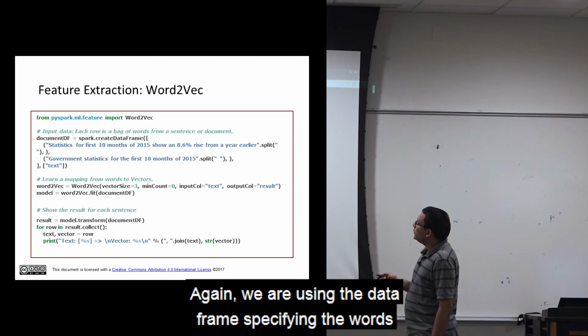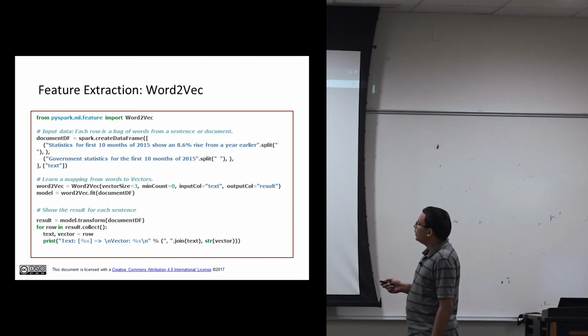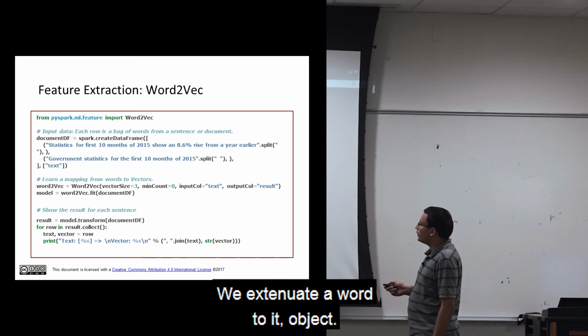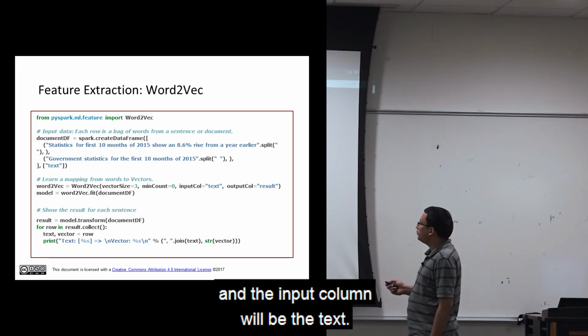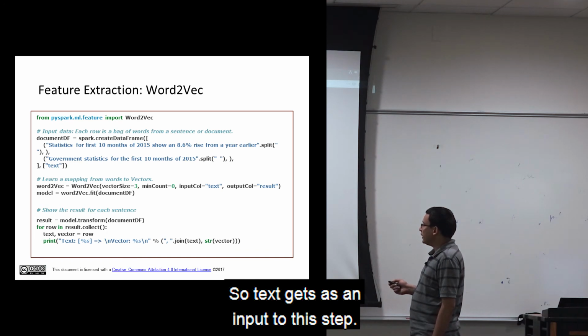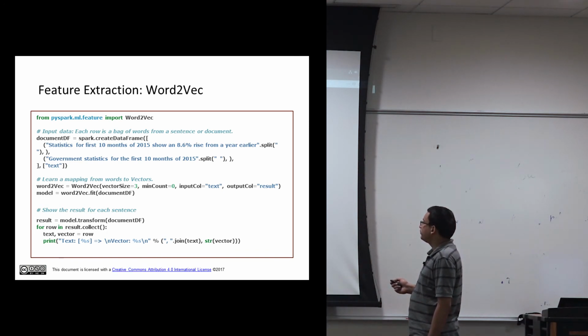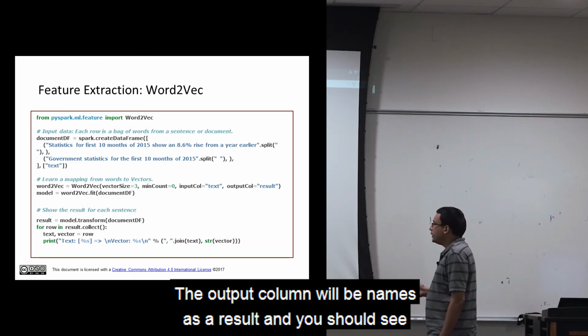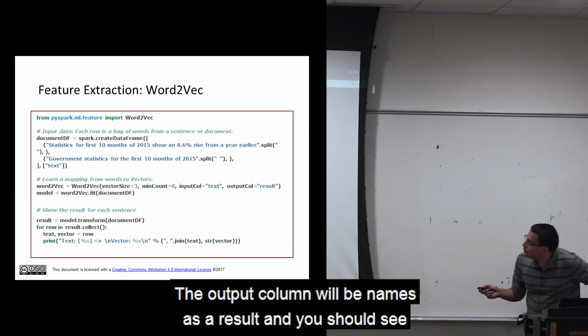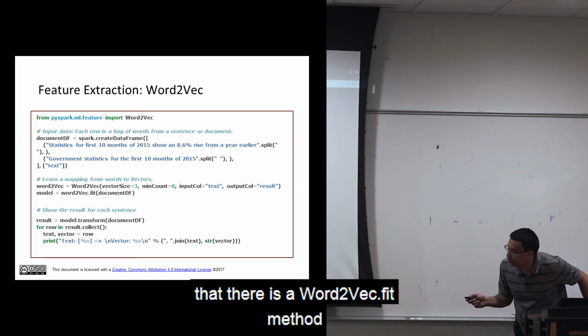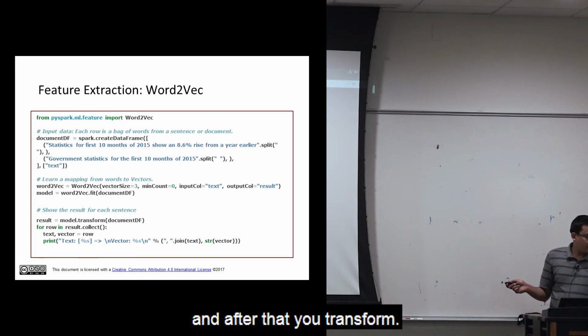Again, we are using the data frame, specifying the words in the data frame. This time we have only one column, which is text. We instantiate a word2vec object. We expect the vector size for each word to be 3, and the input column will be the text. So text gets passed as input to this step. The output column will be named result, and you should see that there is a word2vec fit method, and after that you transform.